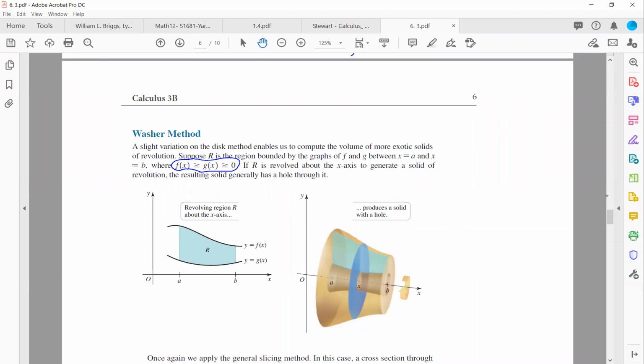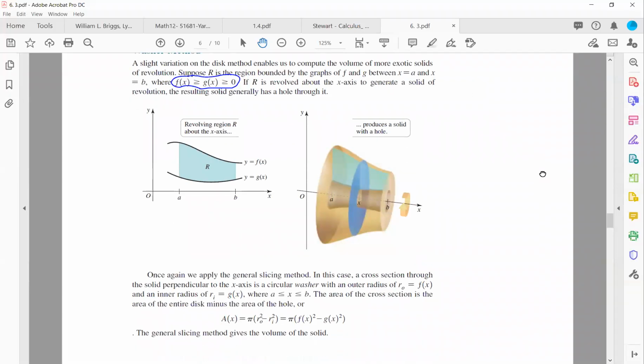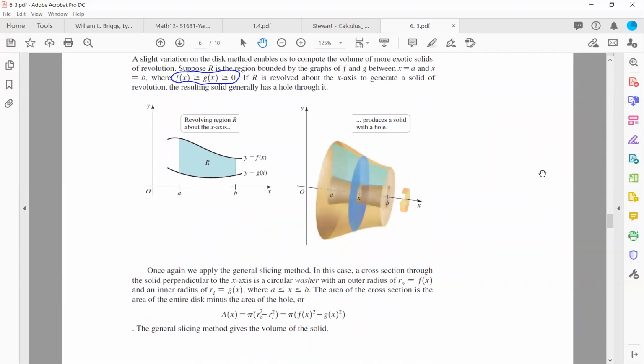You're interested in finding the volume of the solid when you revolve this region around the x-axis. What is the volume now? Here you have, this is a big picture.